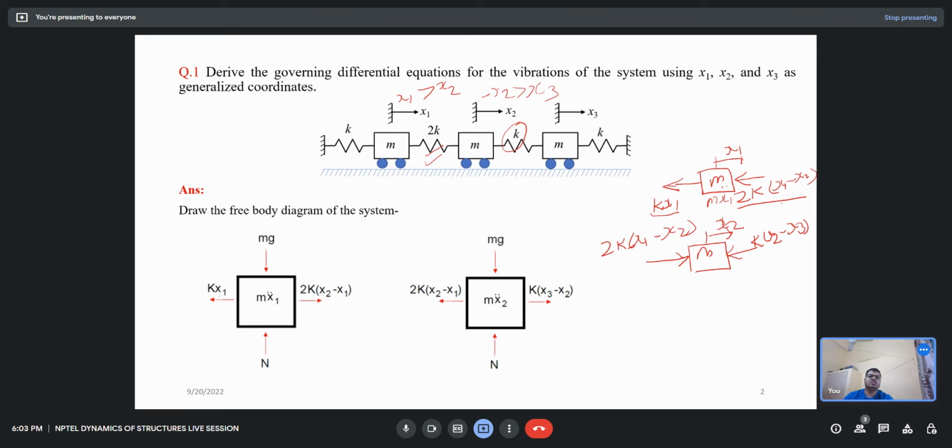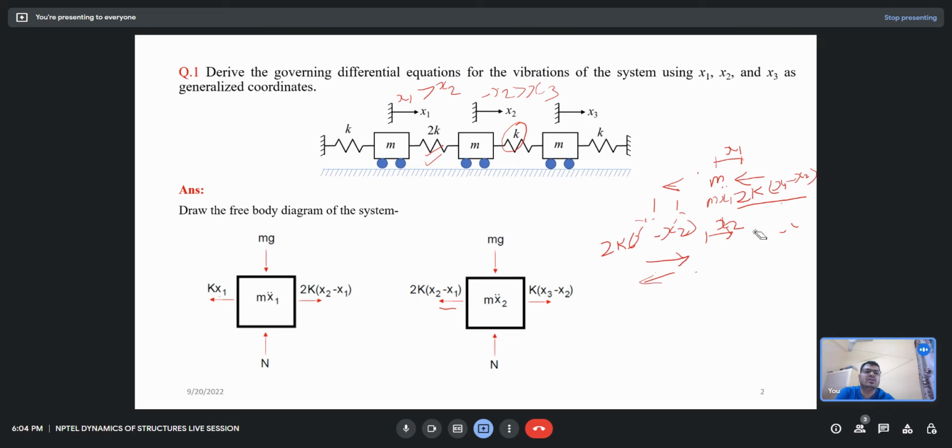The directions are different because if I take the negative outside, this becomes x2 and that becomes x1. The same holds for k(x2 minus x3); here I write k(x3 minus x2).